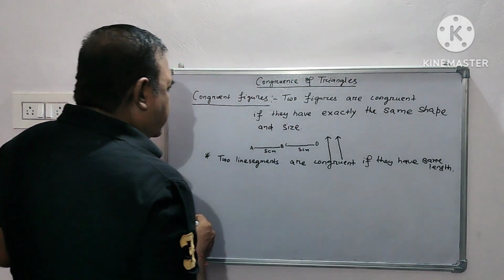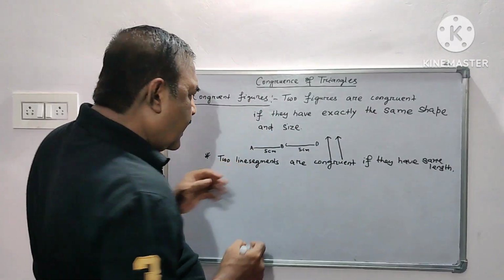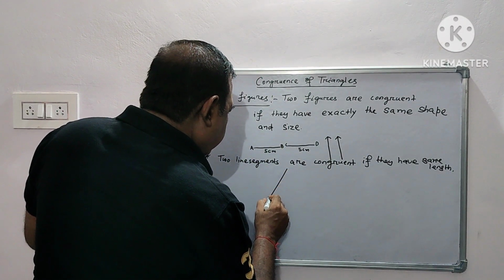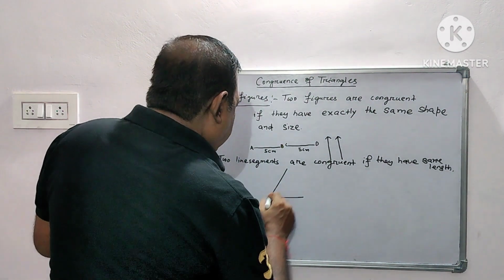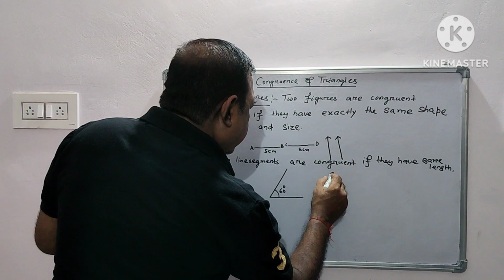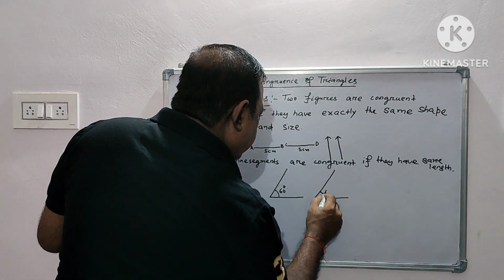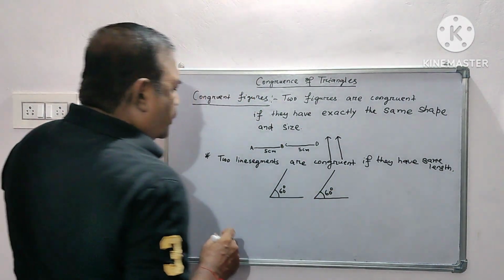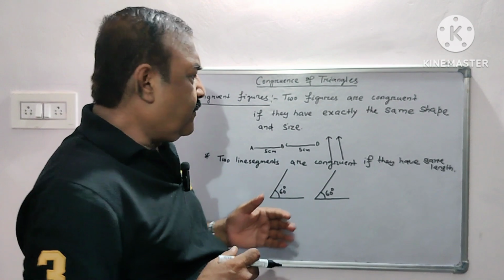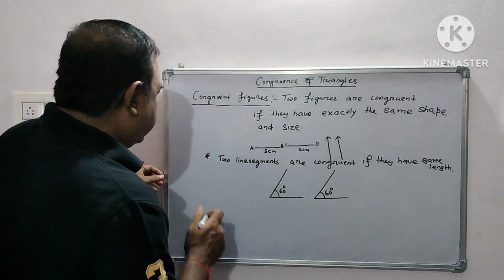Like this, we can also write in case of angles, not triangles, in case of angles. Suppose this angle measures 60 degree. Another one, this angle also measures 60 degree. So two angles are congruent if they have equal measure or same measure.